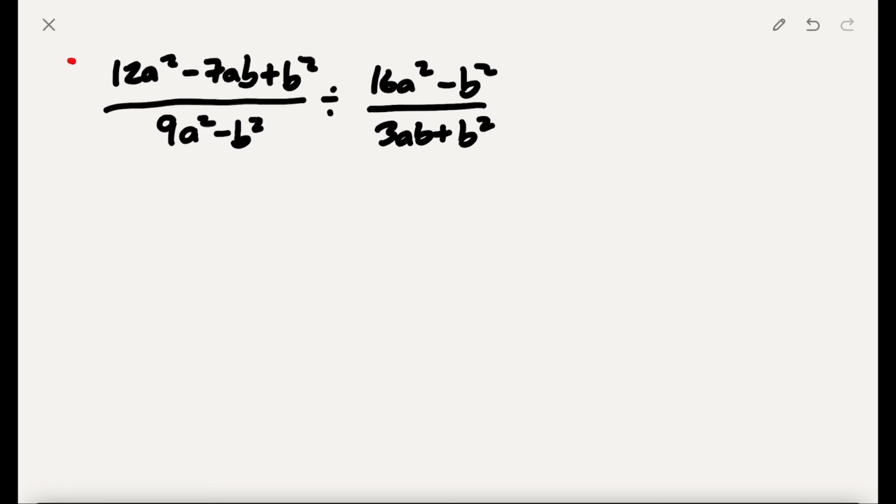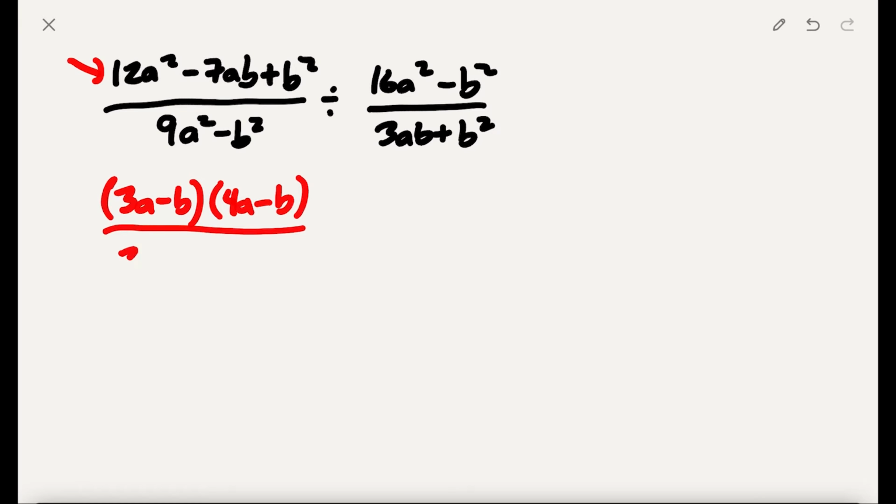Okay, I'm going to factor this part right here, and you should end up with 3a minus b times 4a minus b. And this is all going to be divided by 3a plus b times 3a minus b. So that's when that's factored right there.